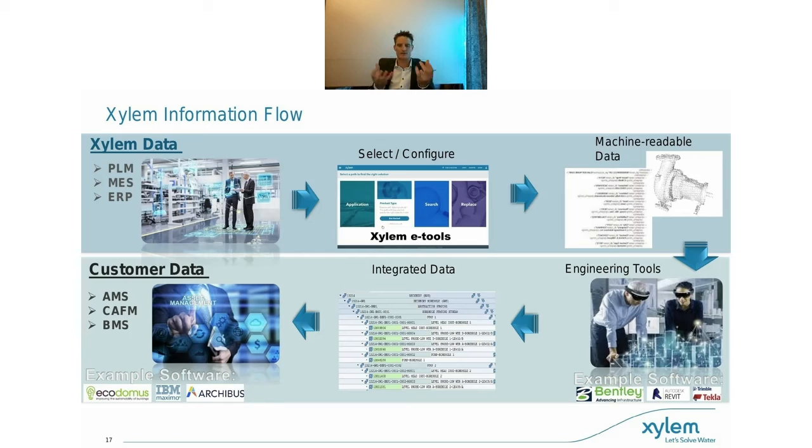And it's how we package that, mirror that, and safely transport that through a machine readable format down to the typical engineering tools, of which there are some examples on that slide, that can then be integrated, federated together by the different stakeholders to then feed into the customer's top-end systems.